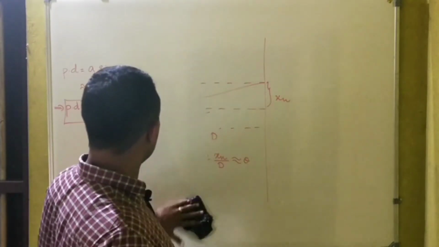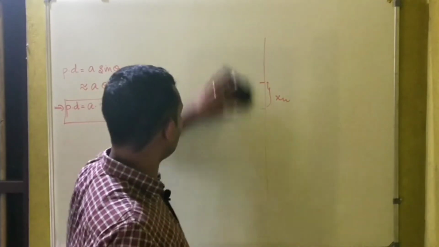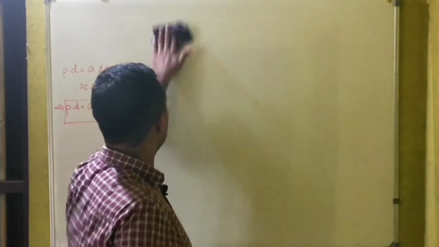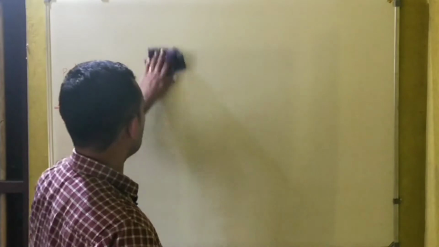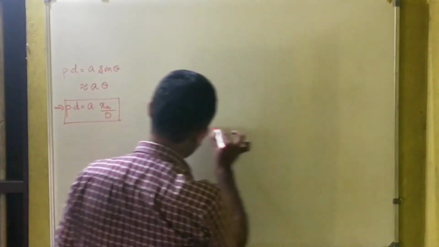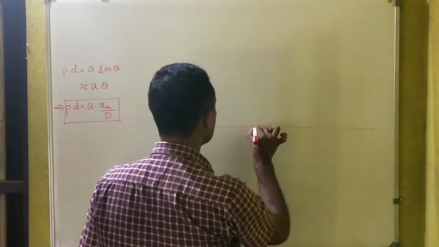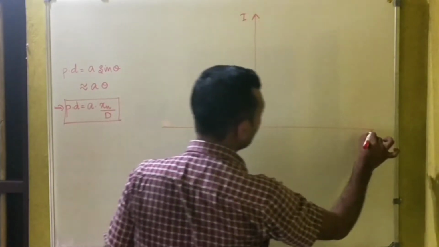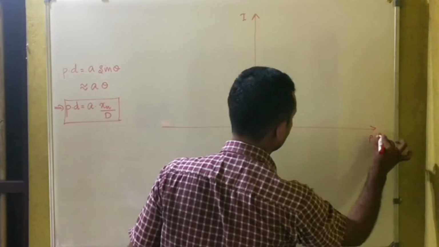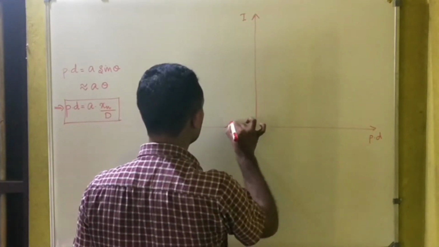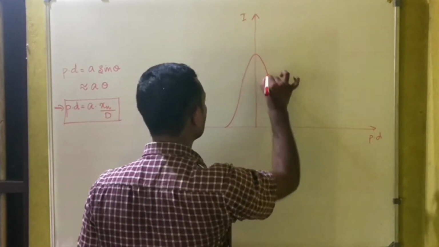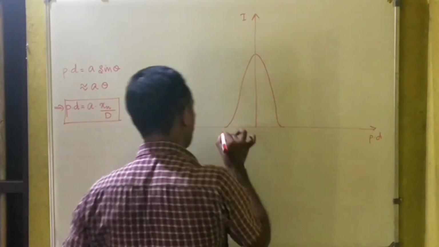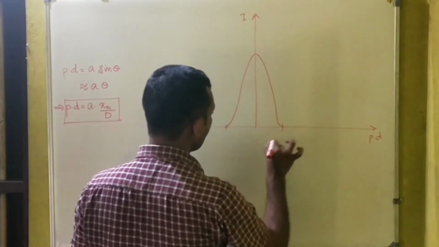Now we will consider the graphical representation of the diffraction pattern, the intensity distribution with the path difference. This is the central maxima.